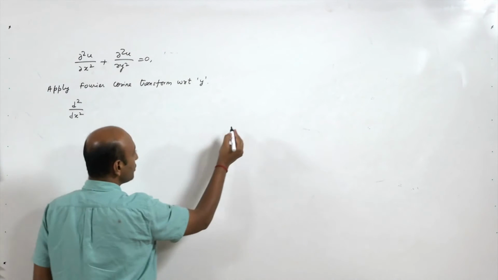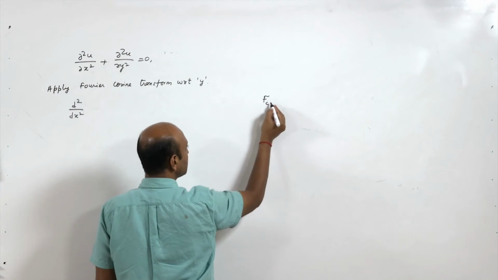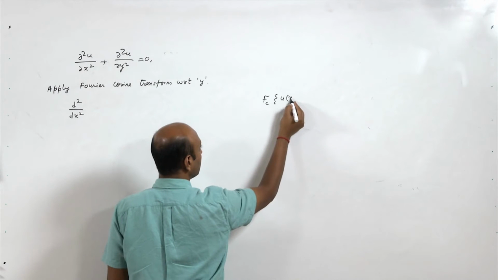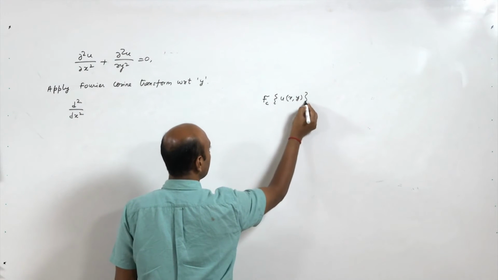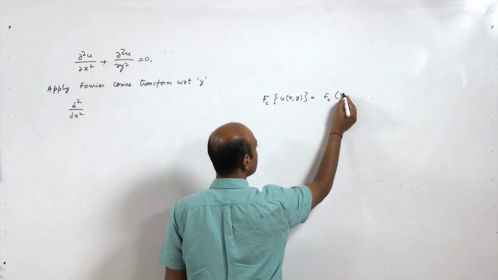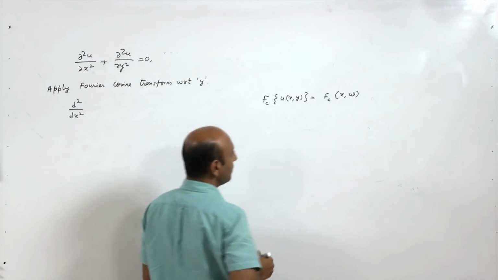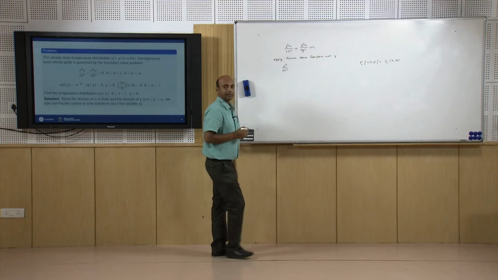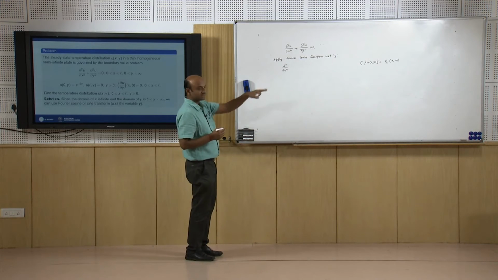Now, let us suppose the Fourier cosine transform of u(x, y) is fc(x, omega), because we are applying it with respect to y. So, x we will treat as it is.